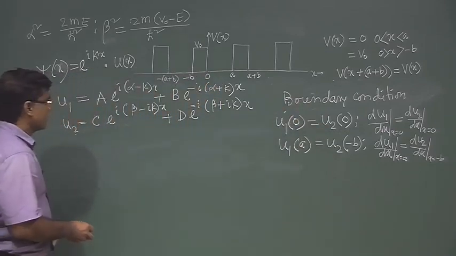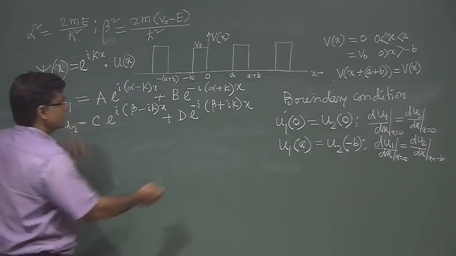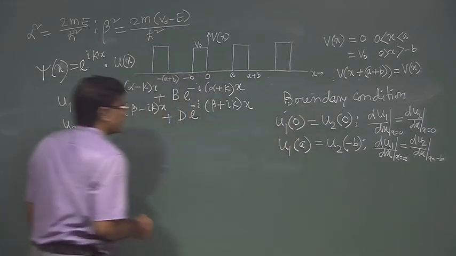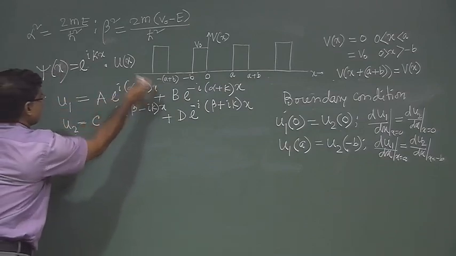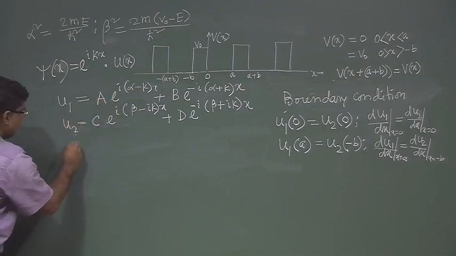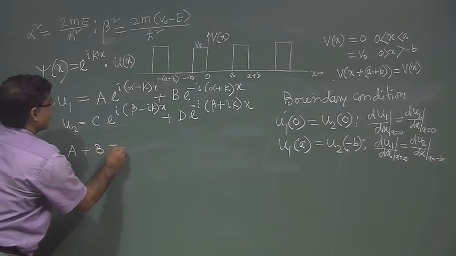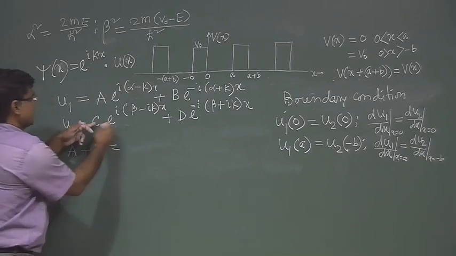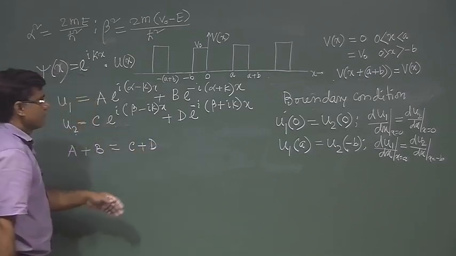So, if I apply the boundary condition, what will you get? u1(0) equal to u2(0). u1(0) means x equal to 0. If I put x equal to 0, this will give a plus b equal to c plus d, right.